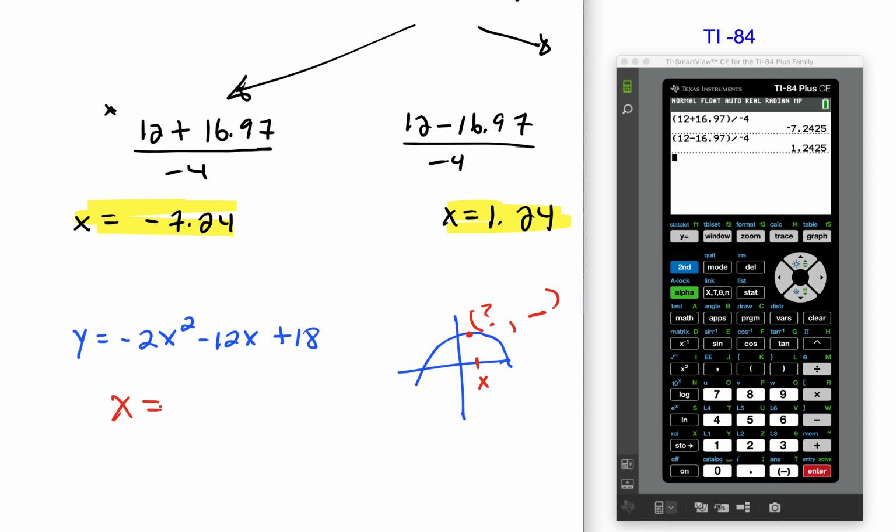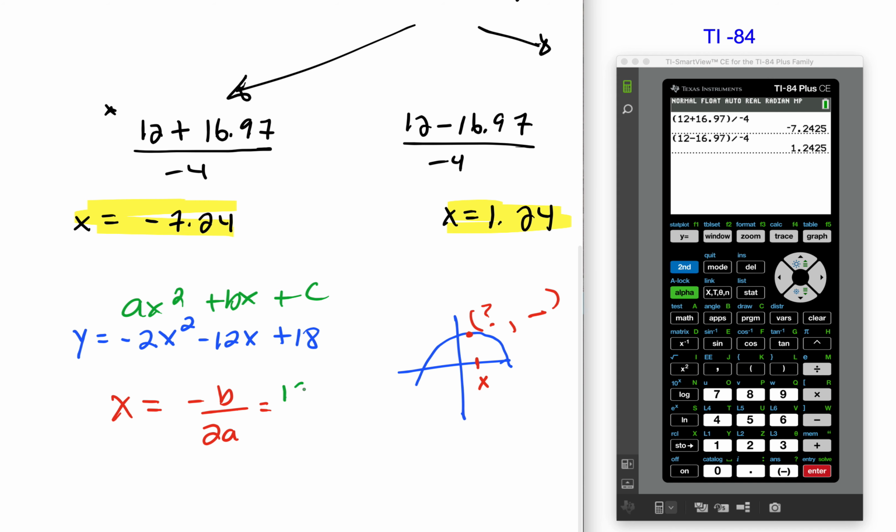So x equals, we're going to use this formula, negative b over 2a. Remember it's ax squared plus bx plus c. So our negative b is the opposite sign of this right here.